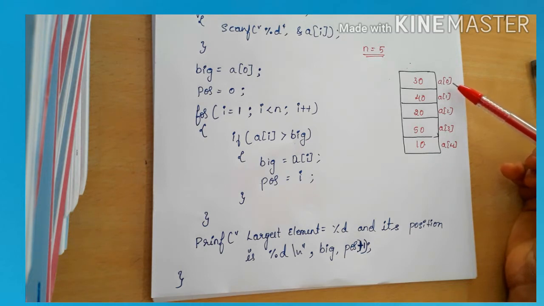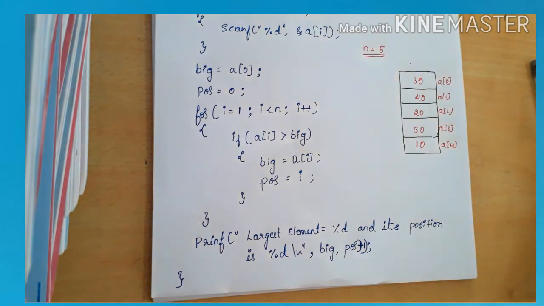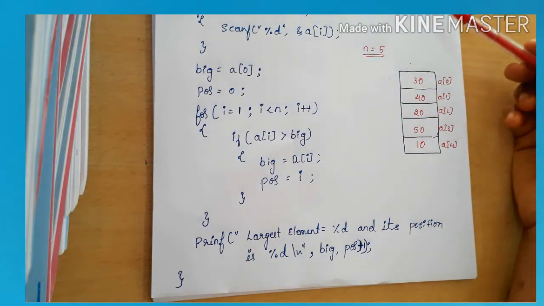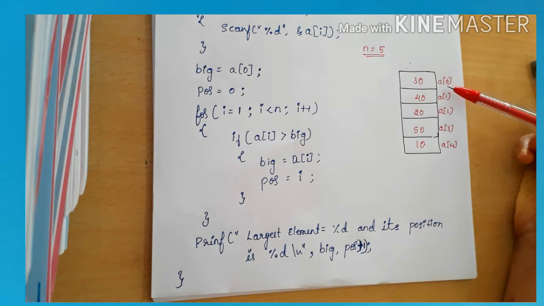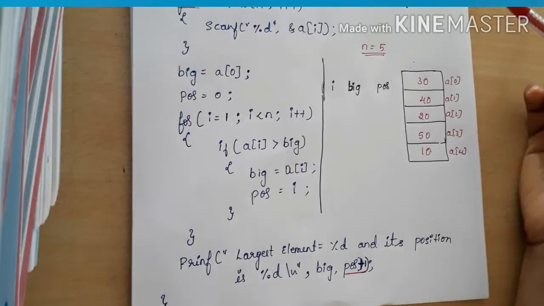For us it is the 0th position element, but for non-technical people it is the first element. That's why I'll print the value of the variable position plus 1.